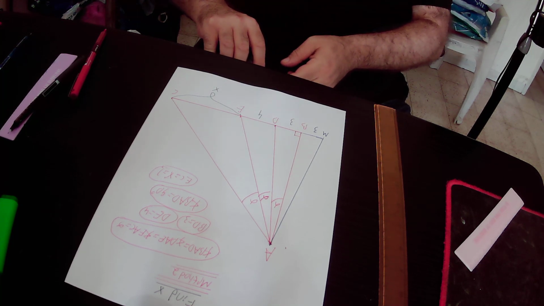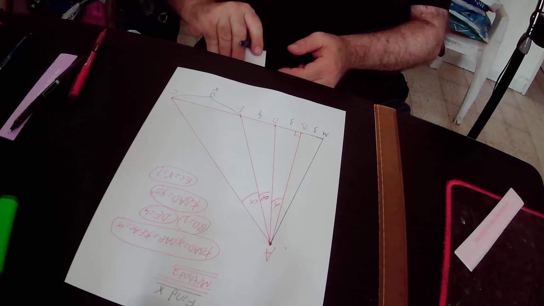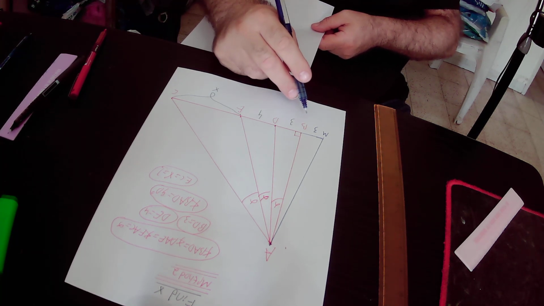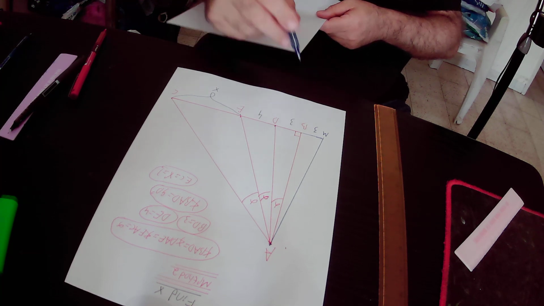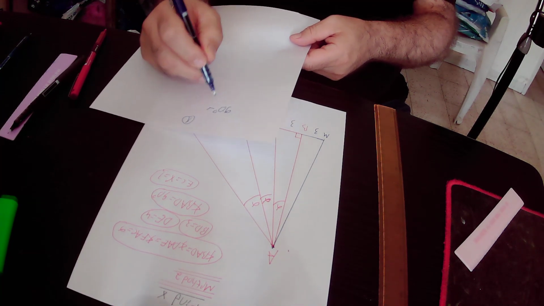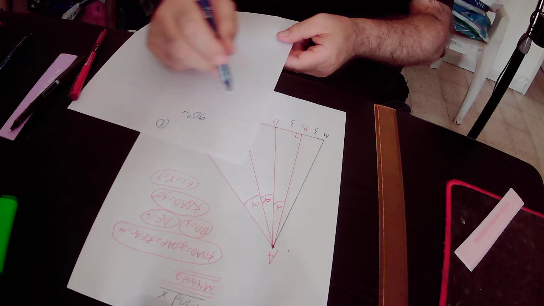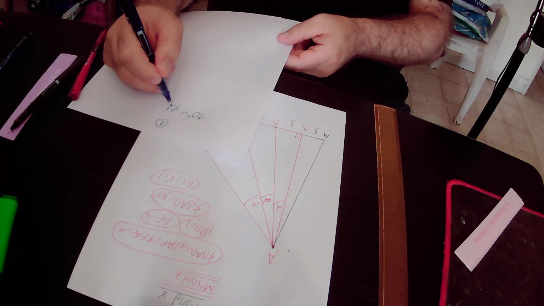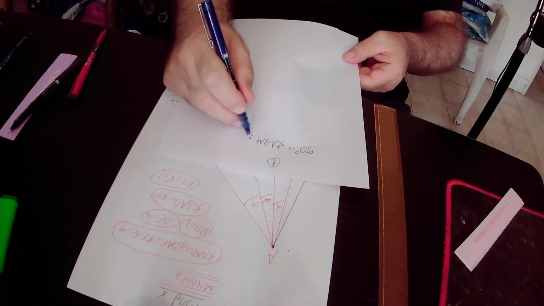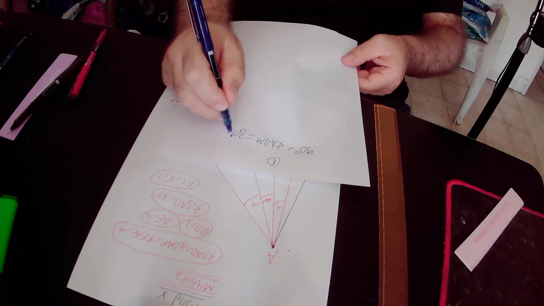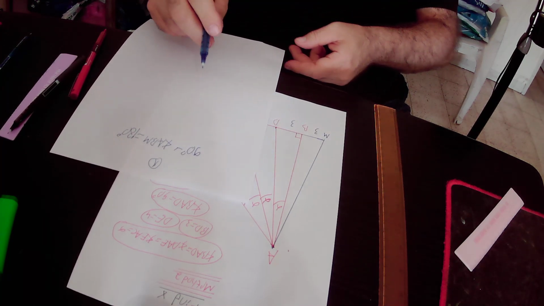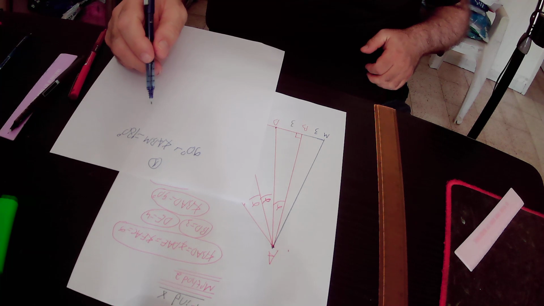We can write here that if we focus at point B, we have 90 degrees plus the size of angle ABM, which must equal 180 degrees, according to the rule that the sum of the angles on a straight line is equal to 180 degrees.